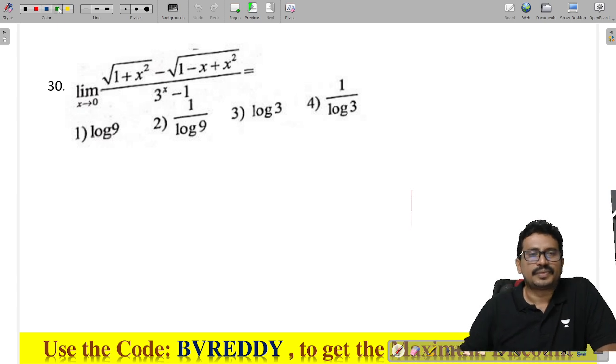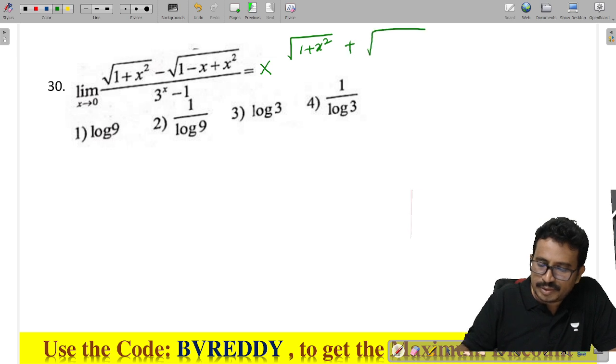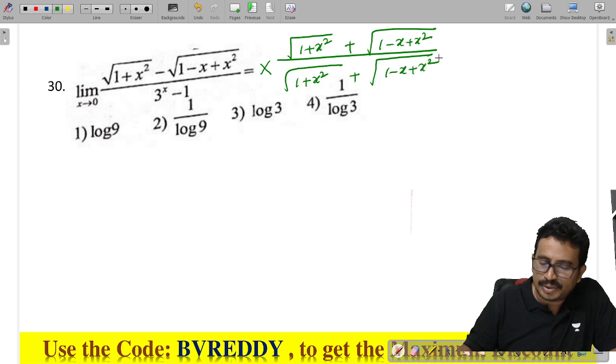Next. Now what we can do in this problem is rationalize the numerator. So I multiply the numerator and denominator by square root of 1 plus x square plus square root of 1 minus x plus x square.